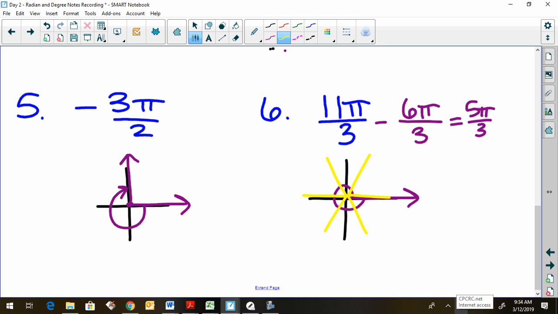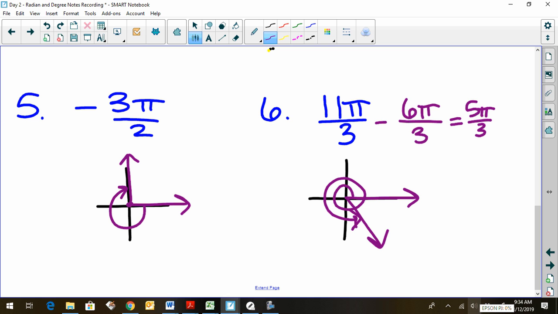So I'm going to go around until I get to there, okay? I'm going to erase those for us. And our final answer will look like 5 pi over 3. It'll look just over here. Good, and that's an arrow. All right, so we went around one time, and then we come back.